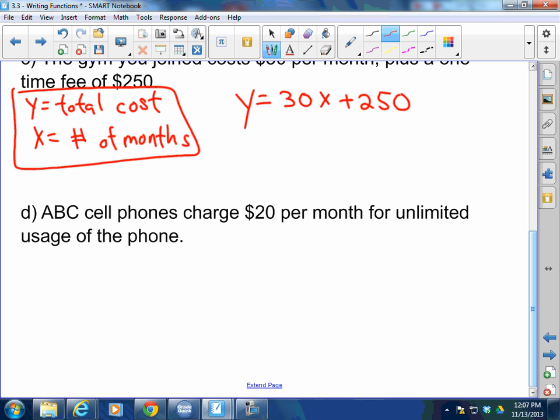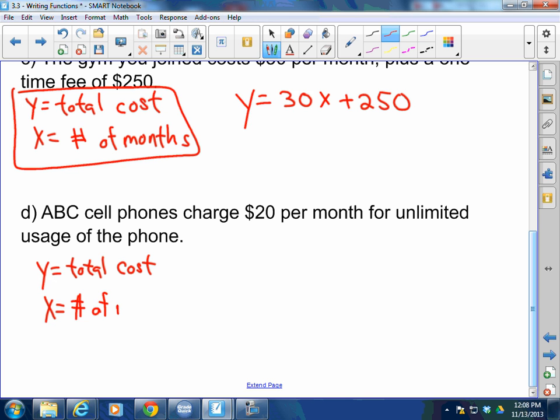ABC cell phones charge $20 per month for unlimited usage of the phone. Yes, sir, my brother. Define variables first. What's the Y? No, what's the Y? Total cost. And then what would the X be? Very good.